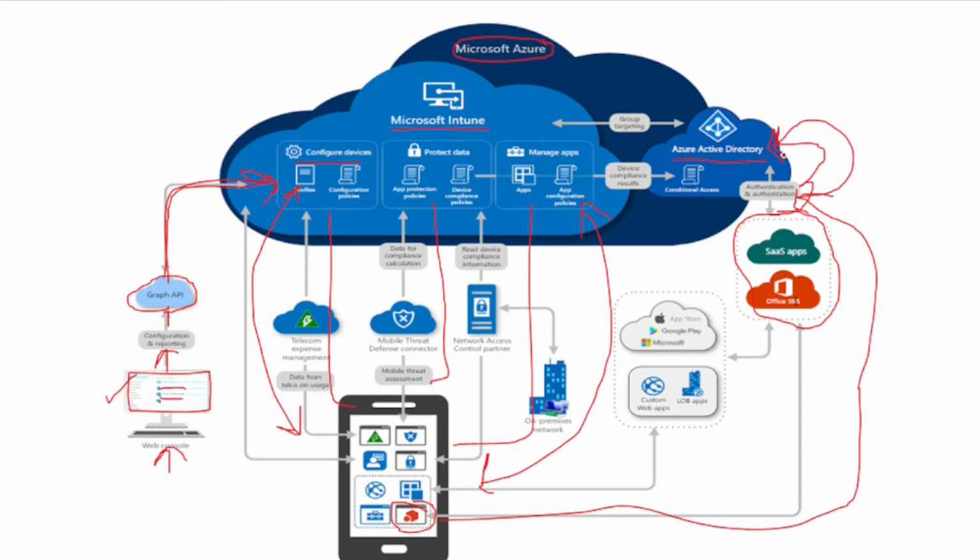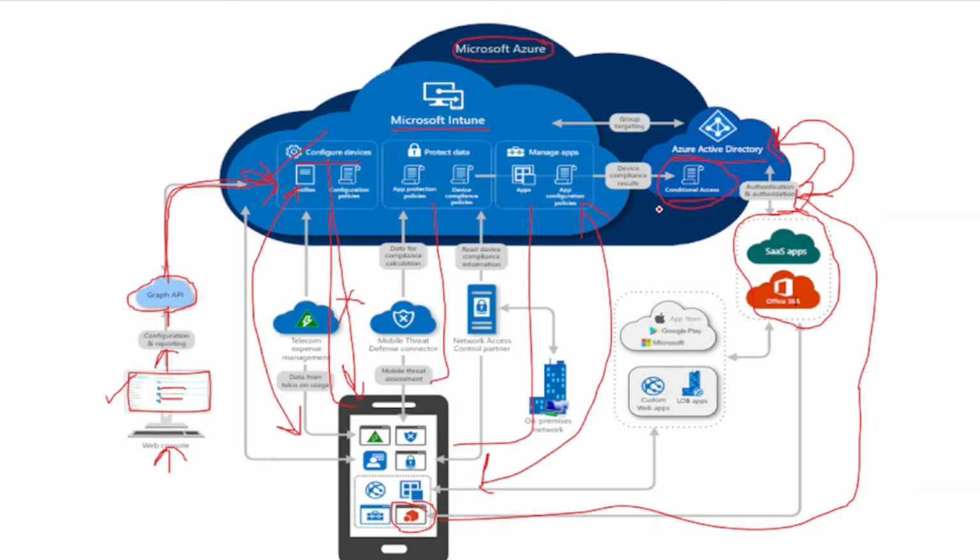Now we know that with Microsoft Intune and Azure Active Directory we can configure and deploy conditional access. So let's say you as an admin created a configuration profile and you deployed it on the device. Now the client's profile is showing as non-compliant, and you created a conditional access to give authentication only when the device is compliant.